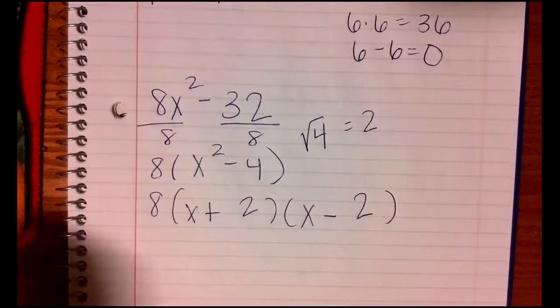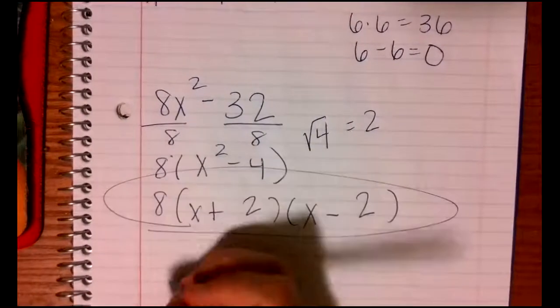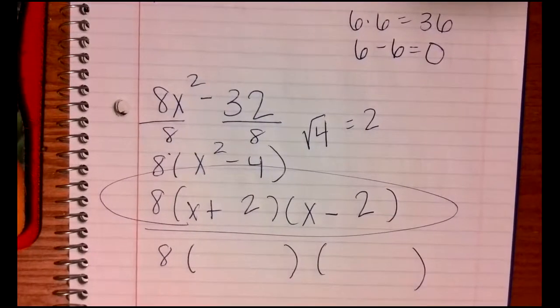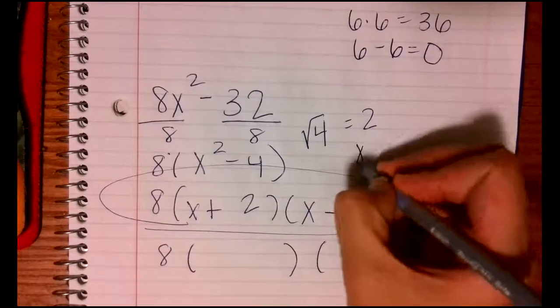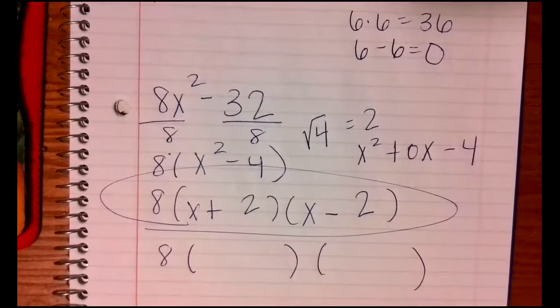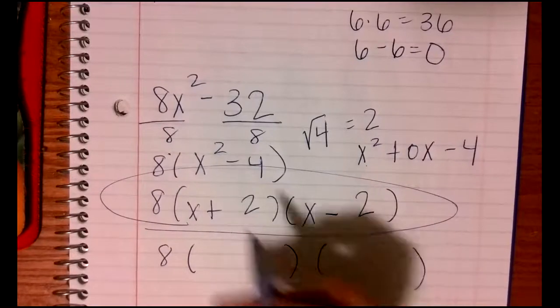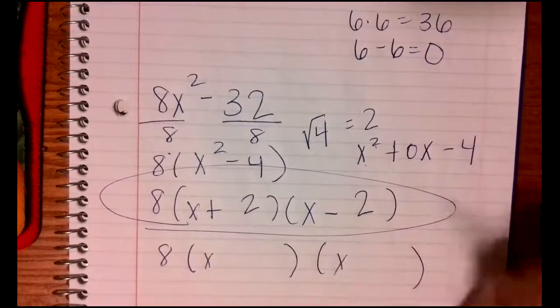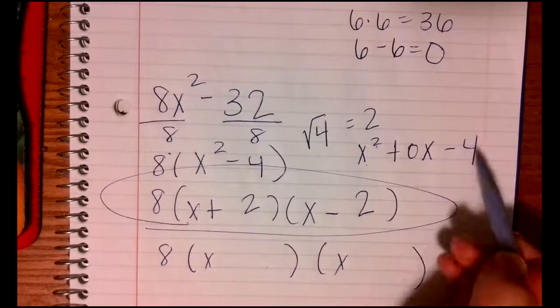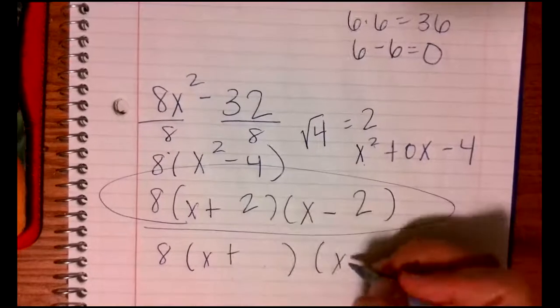Another way to think of it, the 8's on the outside because of GCF. And I'm trying to basically factor x squared plus 0x minus 4. So x times x is x squared. Something times something is negative 4, so a positive and a negative.